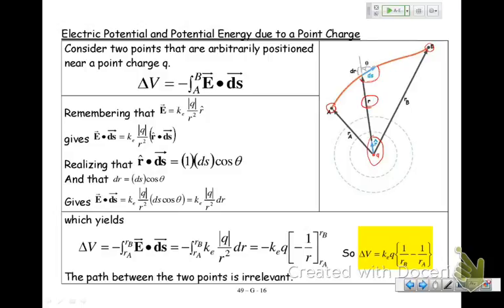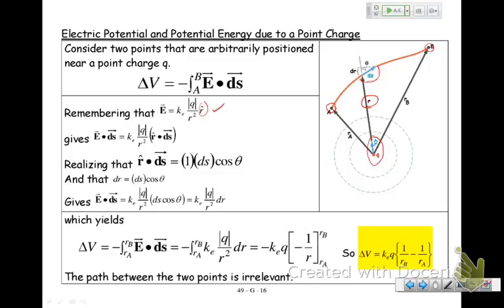Over the distance between the mother charge and the point of interest, r squared, times a unit vector pointing in that direction. I know that from Coulomb's law, basically. And I know that E dot ds must equal, let's substitute in, k_e times Q over r squared, times the vector bit, the unit vector r hat, dotted with ds.